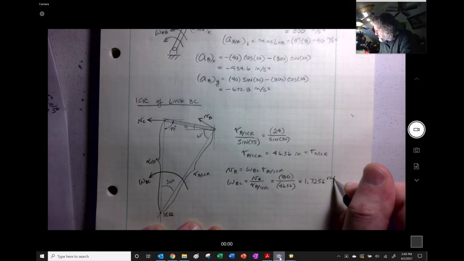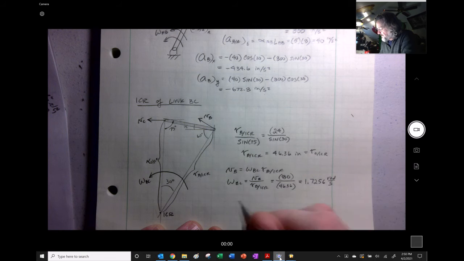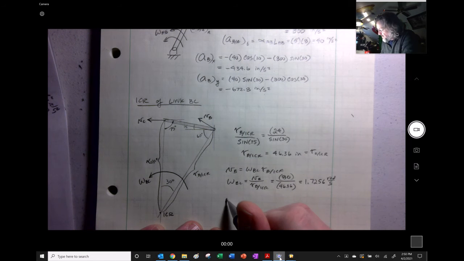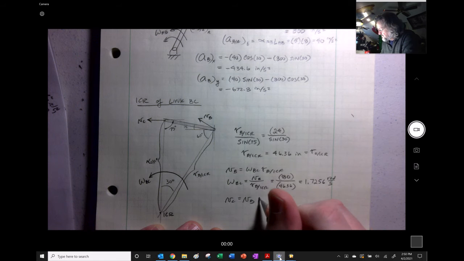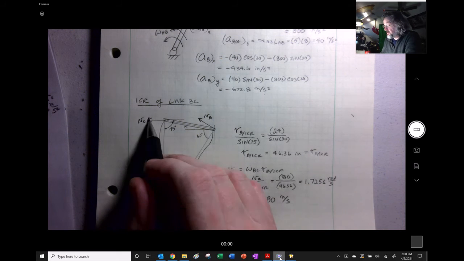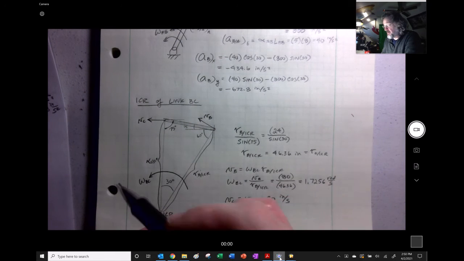I decided to put another sig fig in there. And that's counterclockwise, we note. We could also say, by the way, that VC is equal to VB. So this VC is also going to be 80 inches per second, because that's equal to that.